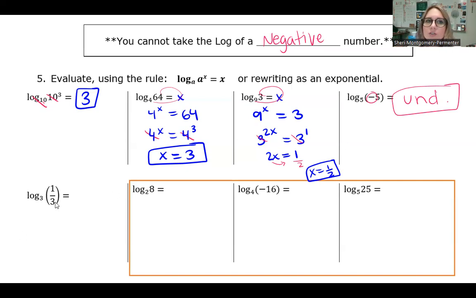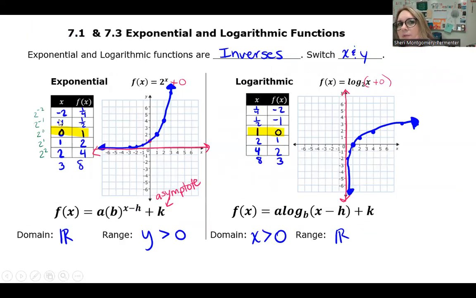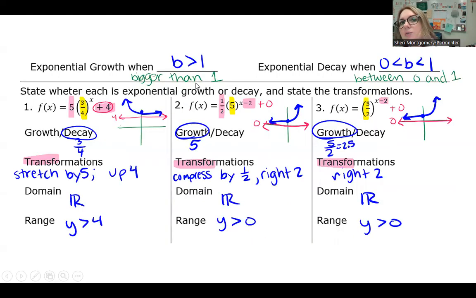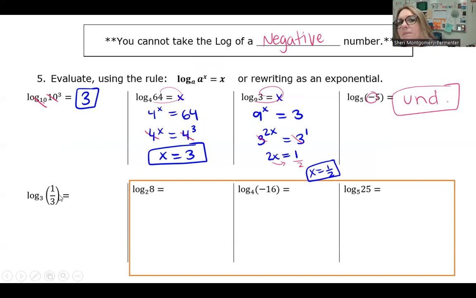So what we are trying to do is to rewrite the 1/3 so that it's 3 to the something power. On the front of the notes, up here, remember that if you have a fraction, you can rewrite it as to the negative power. So we're going to use that super skill here.